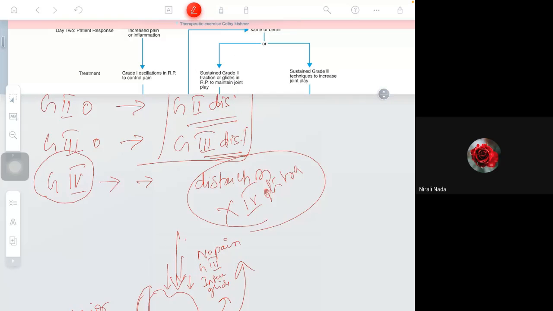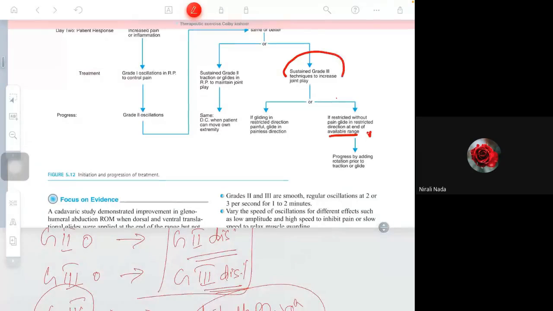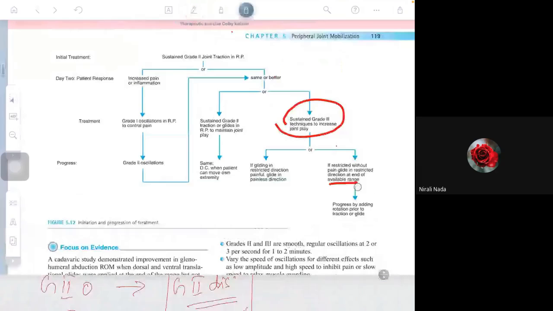So directly after grade 3 distraction, you went for grade 4 mobilization. Any doubt? Any doubt? Clear? All are clear?